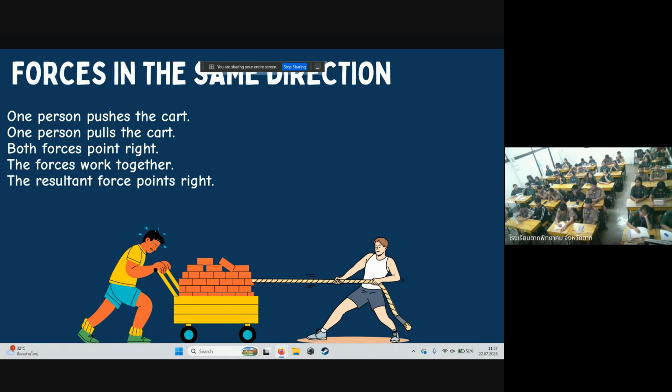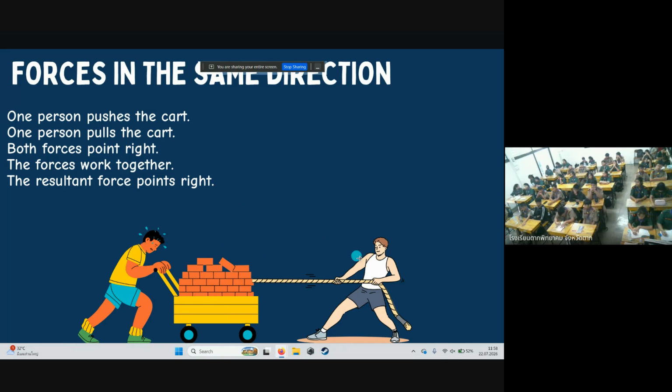Now, sometimes more than one force can be in the same direction. Here, one person is pushing to the right and another person is pulling to the right. In this example, the resultant force will be the combination of these two towards the right side.